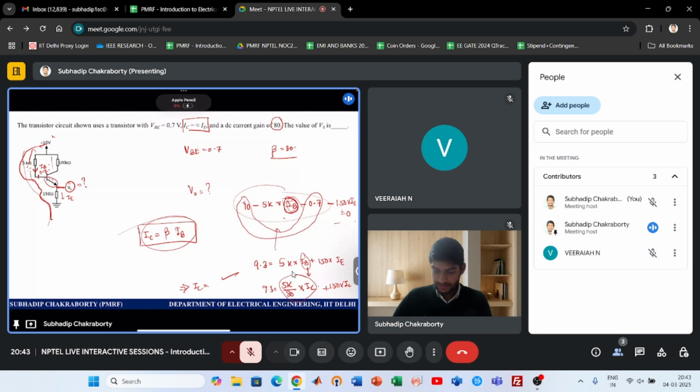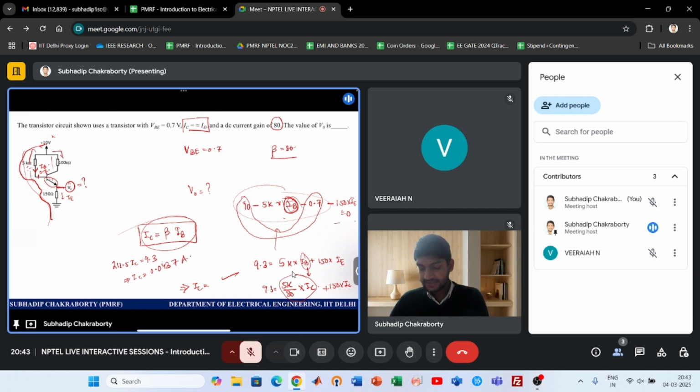That is what it is coming. So what is IC? It is coming as 0.0437 amps.